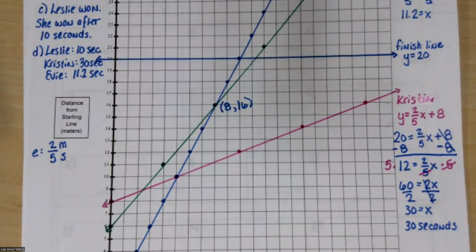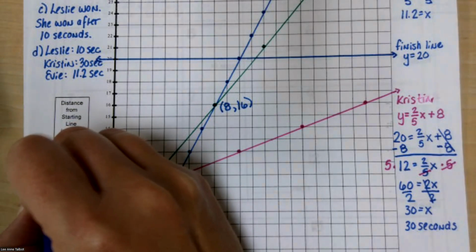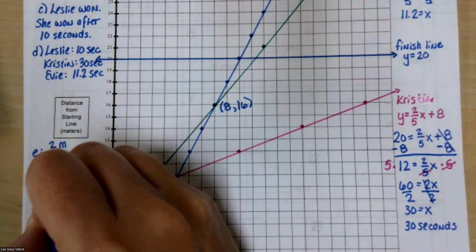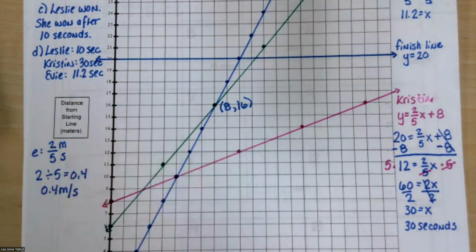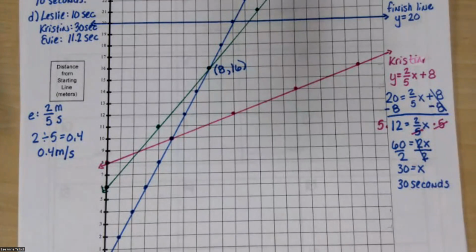Yes. 1 meter every 2.5 seconds. Yes, but I want to know how many meters every 1 second. Which I made into a decimal, 0.4 meters per second.